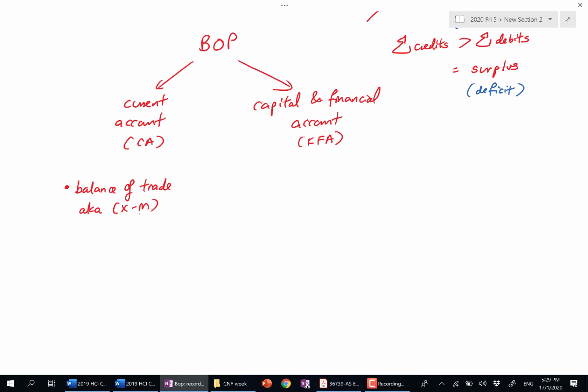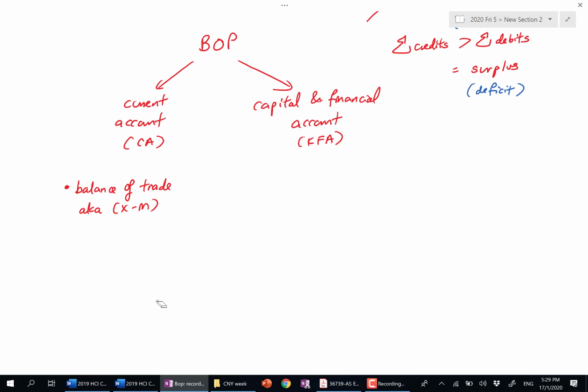K for capital. Malaysia cars is what? But we don't use CFA because C you put under current account already. Right, so you have your balance of trade, aka X minus M.